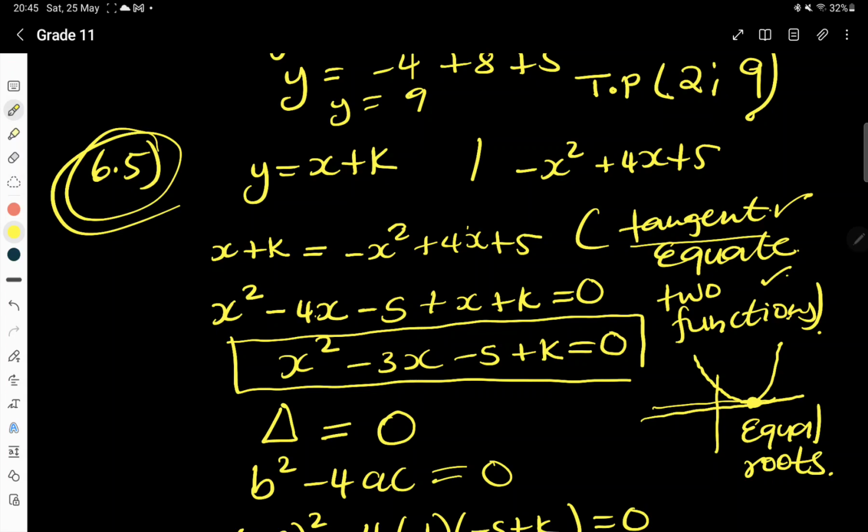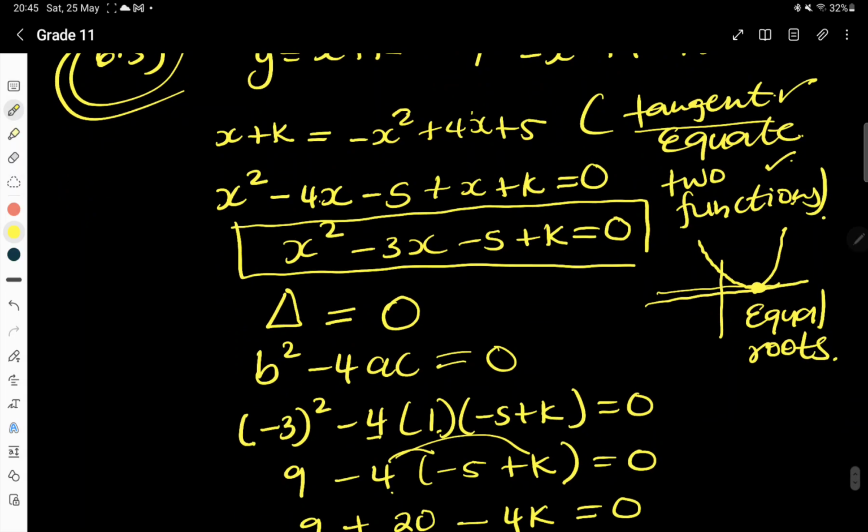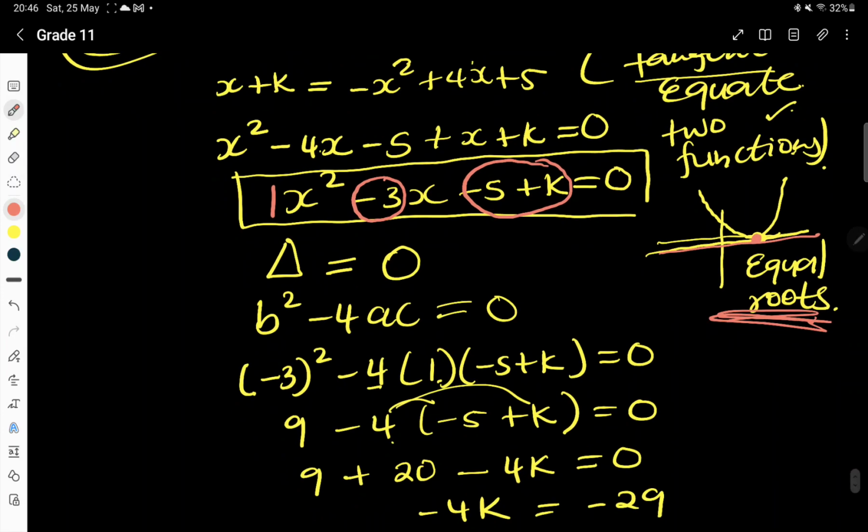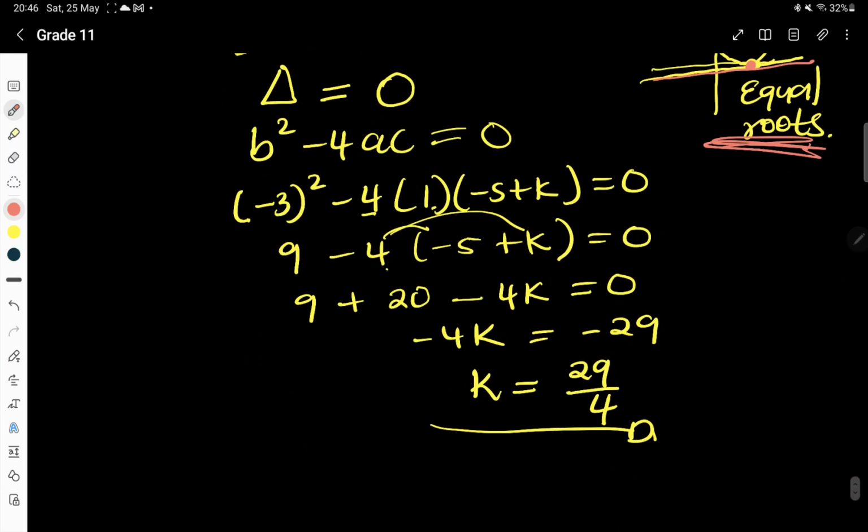Then after equating, you must sort it out into standard form. Then you find your a, your b, and your c. Then you use nature of roots for equal roots, because a tangent touches only once. Then you solve for the value of k.